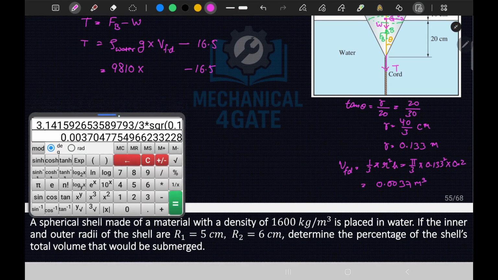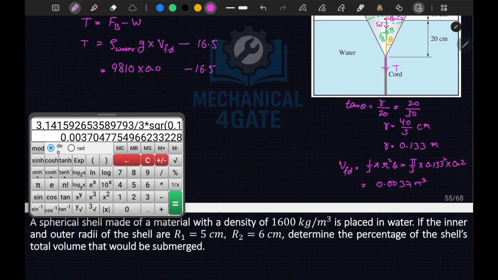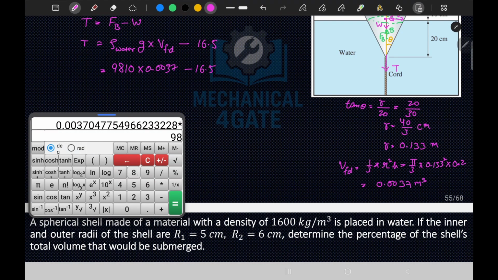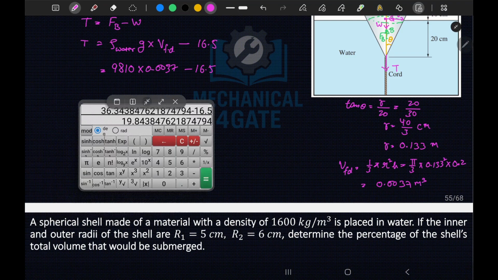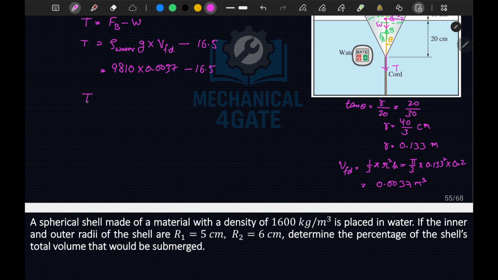Substituting that value, multiplied by 9810, minus 16.5, this value is 19.84. So tension is equal to 19.84 Newton.